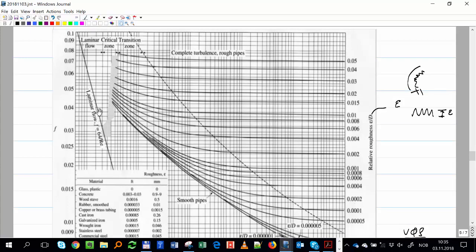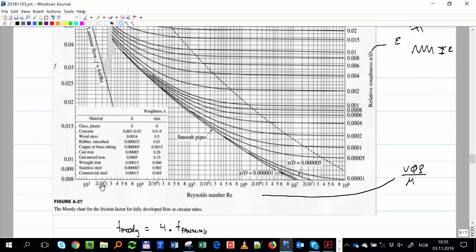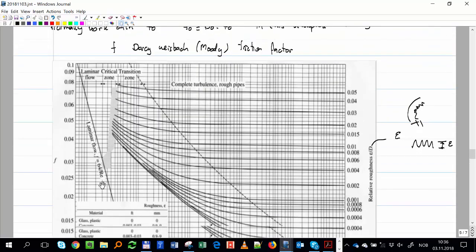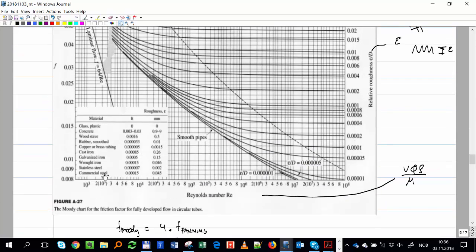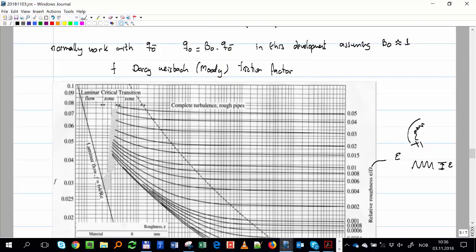And if it's laminar, where the fluid goes in sheets, that's when the Reynolds number is typically below 2500. If it's turbulent, the Reynolds number is bigger than 2500.